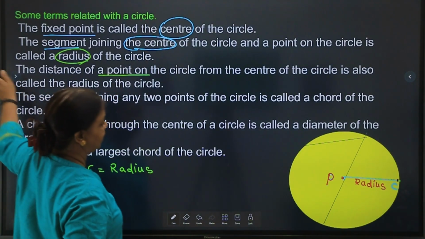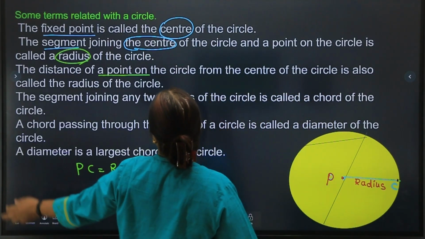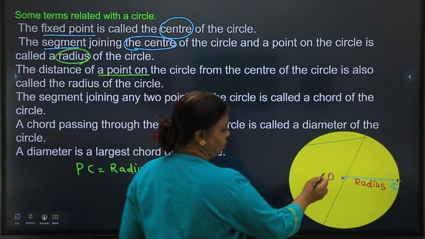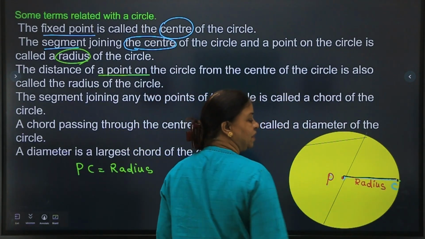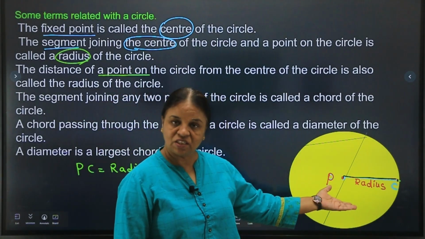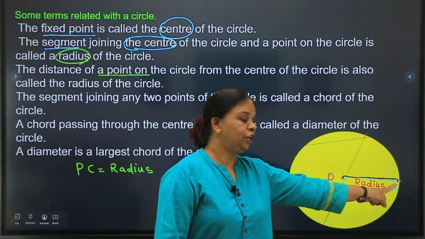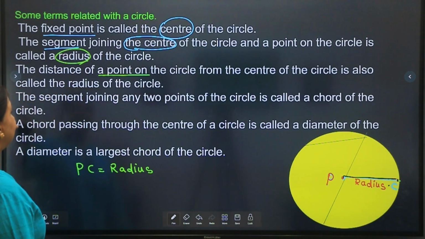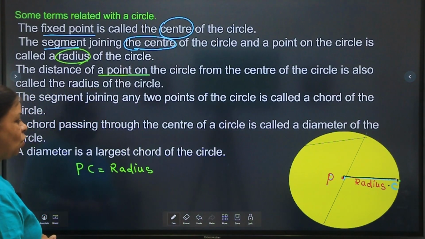The distance is known as radius and the segment is also called the radius. We can call it a segment. This segment is known as radius. PC is a radius. PC is also the distance from the center to the point on the circle. Clear?